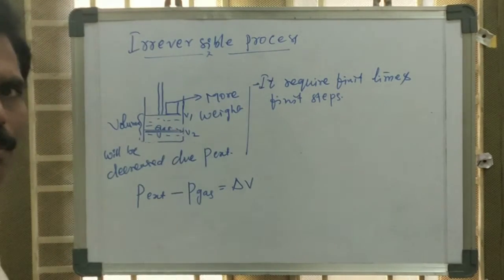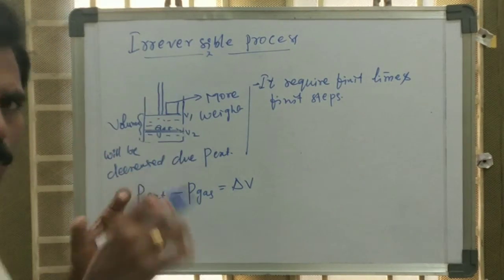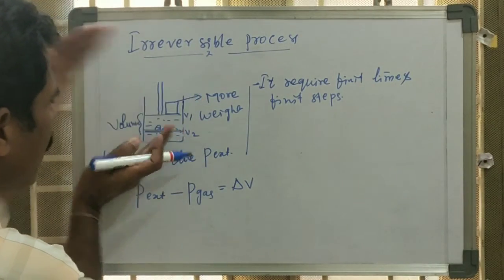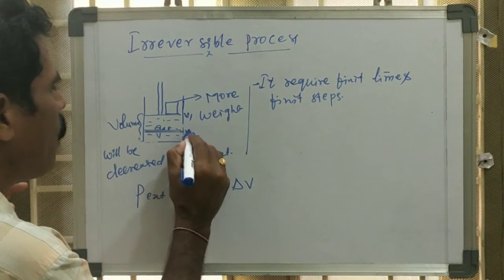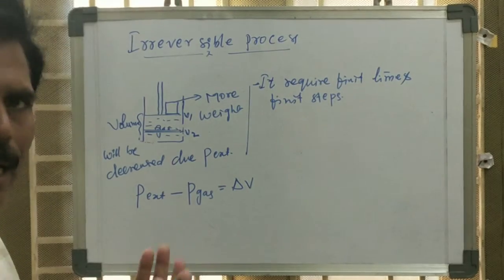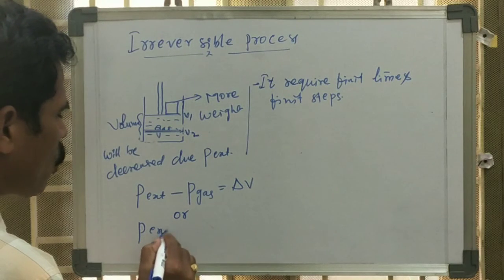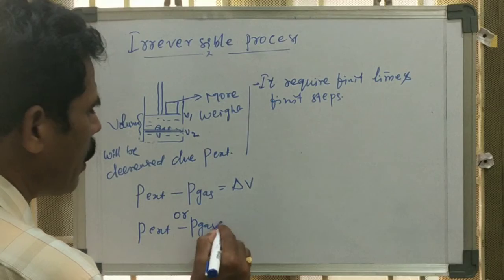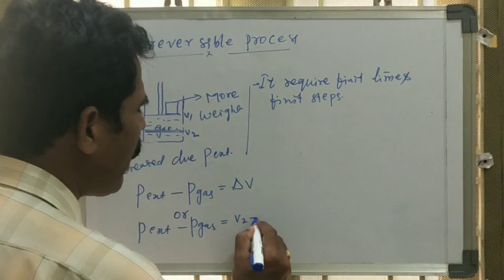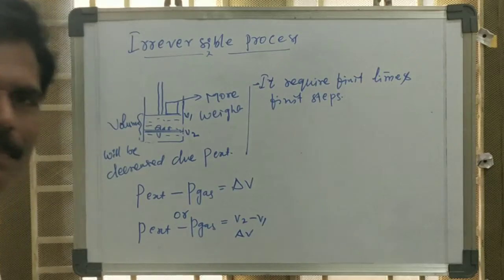Due to the arrangement of more weight over the gas in the cylinder, the piston will enter into the cylinder, and the volume of the gas will decrease from V1 to V2. How much volume is calculated? Yes, that will be calculated. It is written as P external minus P gas is equal to delta V, nothing but V2 minus V1.